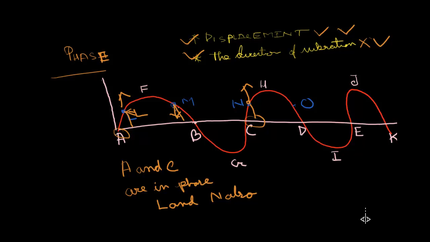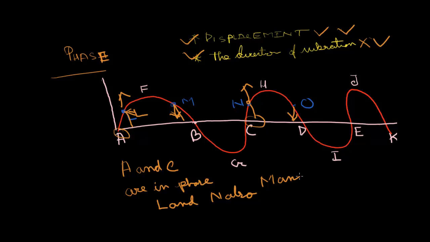Now let us look at M and O. Here the displacement is same and the direction is same as well. Here the particle is going down, and here the particle is again going down, so both the direction of vibration and the displacement are same, so we can say that M and O are in phase with each other.